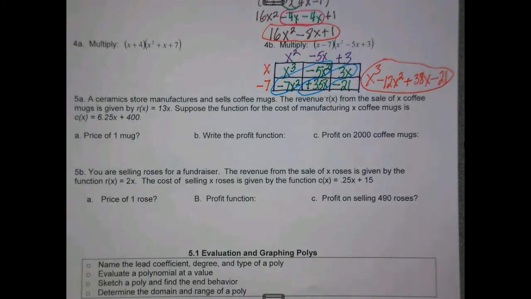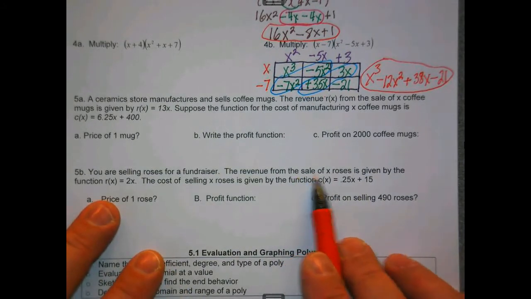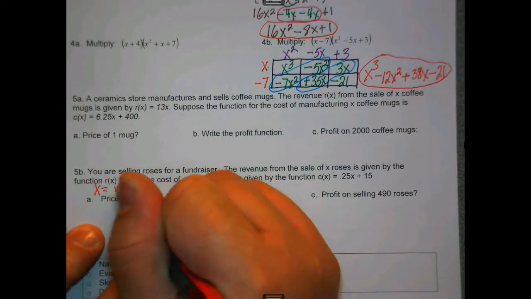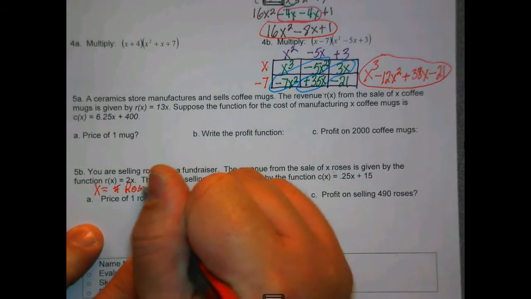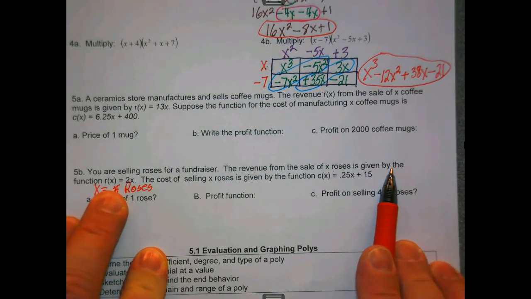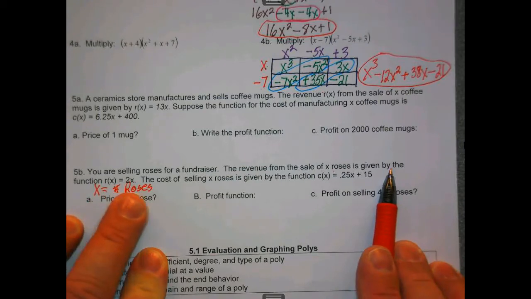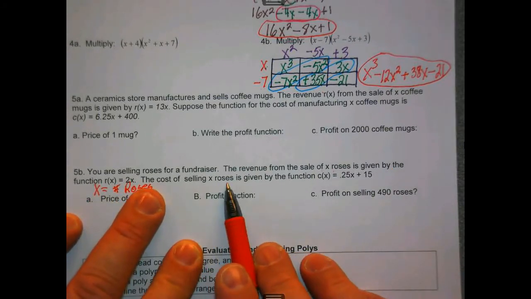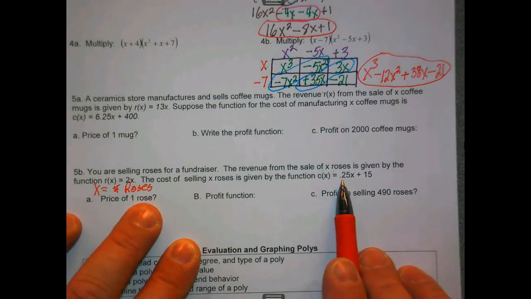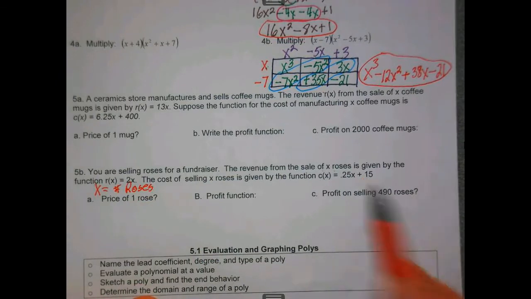5B, you are selling roses for a fundraiser. The revenue from sale of x roses, so x equals number of roses, right, is given by the function R of x equals 2x. The cost of selling x roses is given by the function C of x equals 0.25x plus 15.